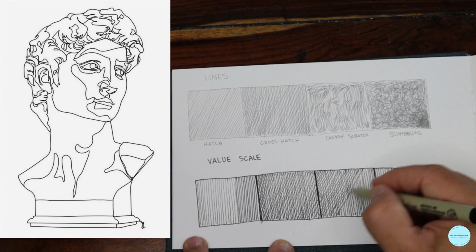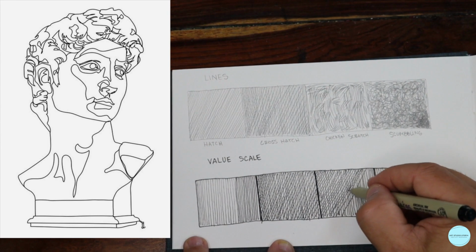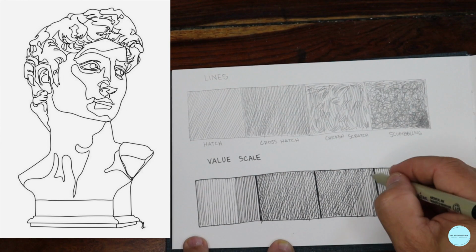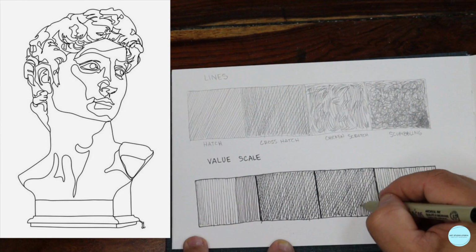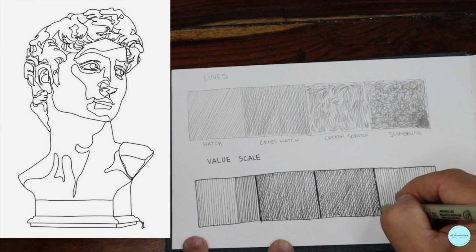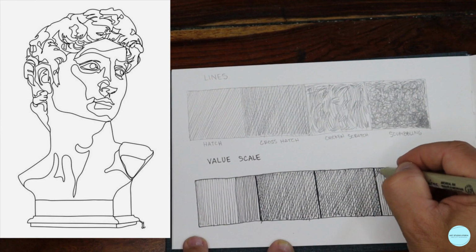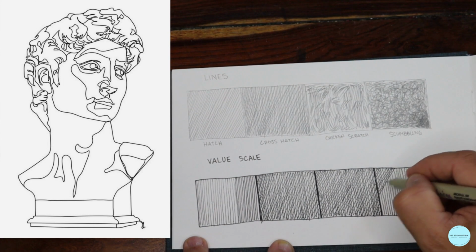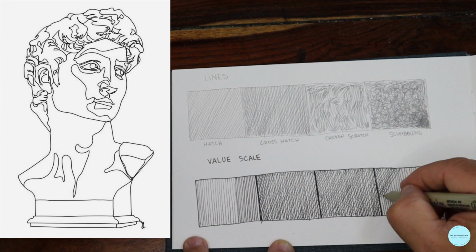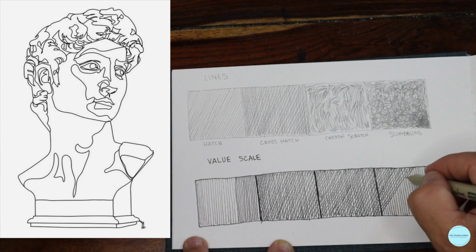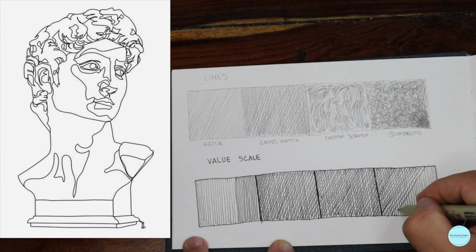Eventually they're going to have to get more saturated or closer as we get to square 3 and 4. So what we're doing here is we're building layers of lines, and immediately you notice how you could use this as light, midtones, or shadows.